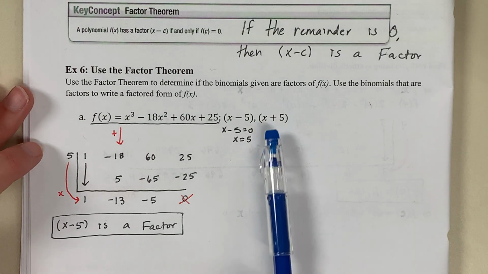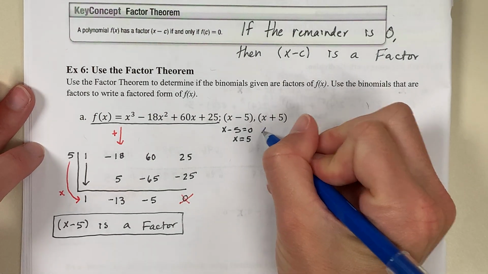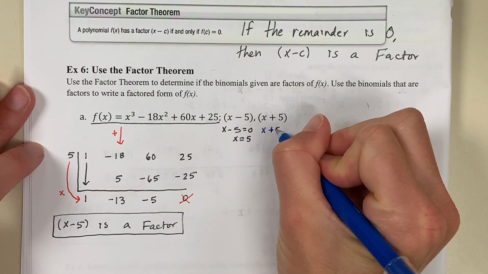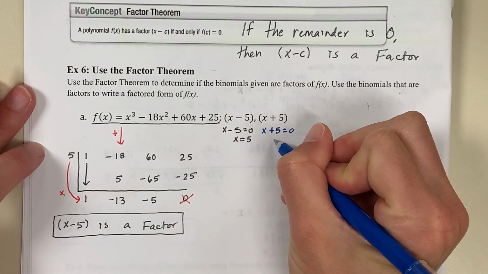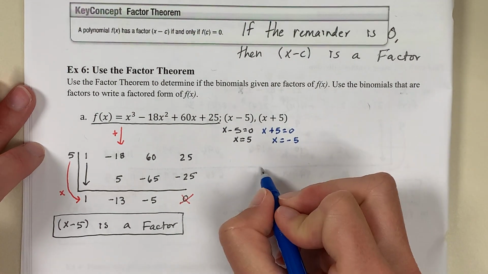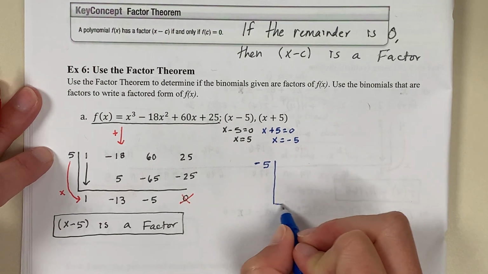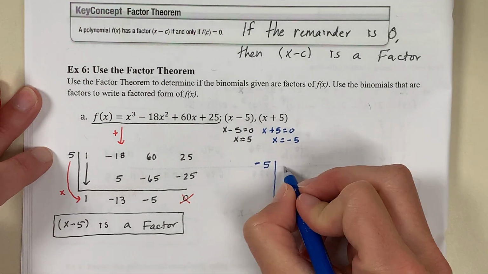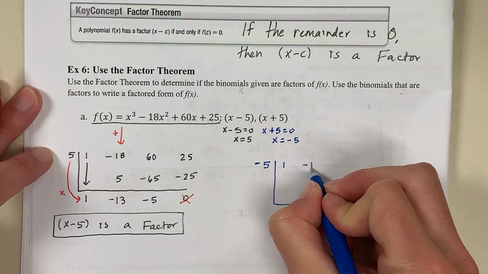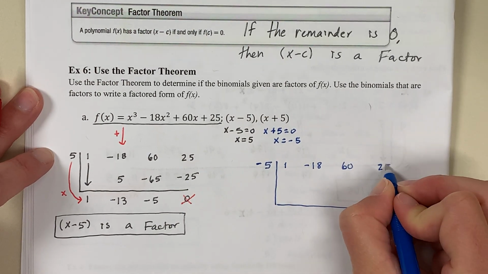Next, I need to test to see if x plus 5 is a factor. So first thing I'm going to do is take the x plus 5, set it equal to 0, and x equals negative 5. I'm going to use synthetic division with the number negative 5. The coefficients remain the same, so I have 1, negative 18, 60, and 25.